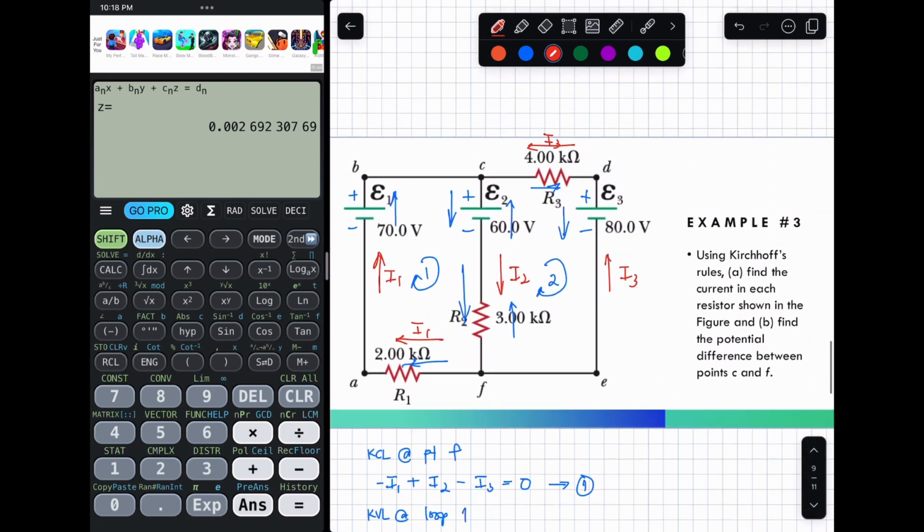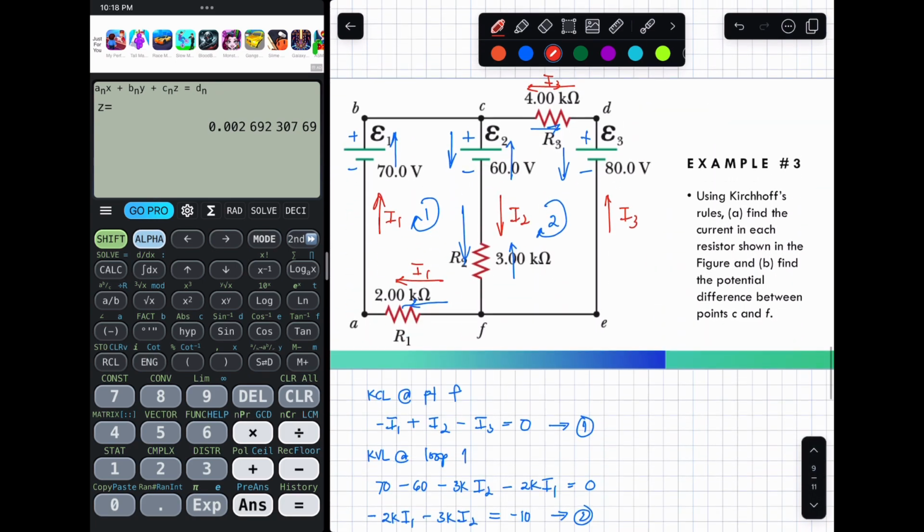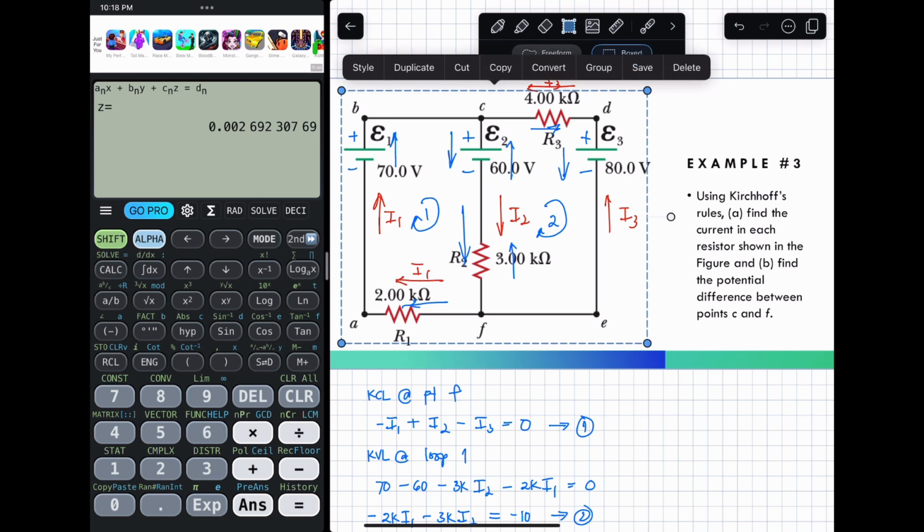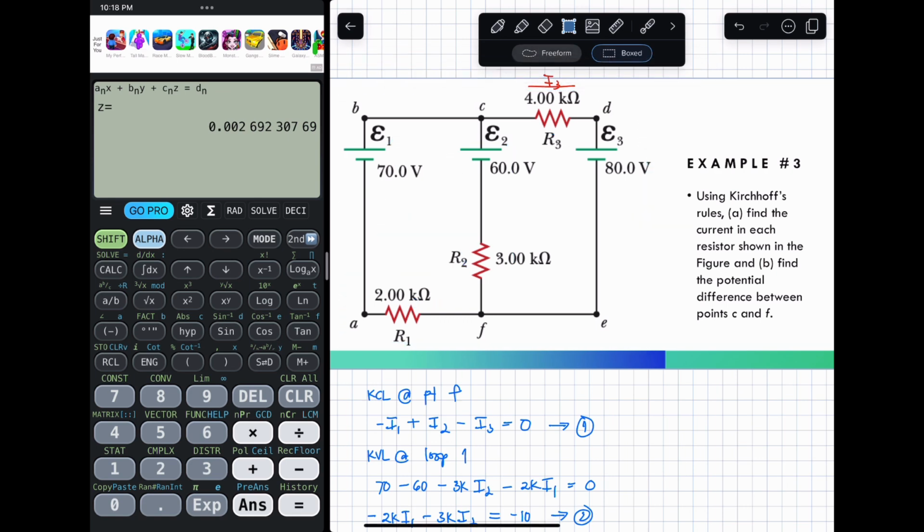So next is we are to find the voltage from C to F. So I'm going to start. Remember that this would be the direction of my I2.